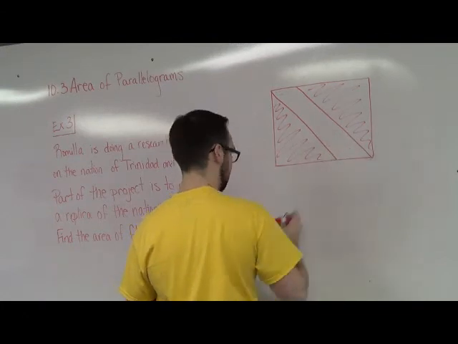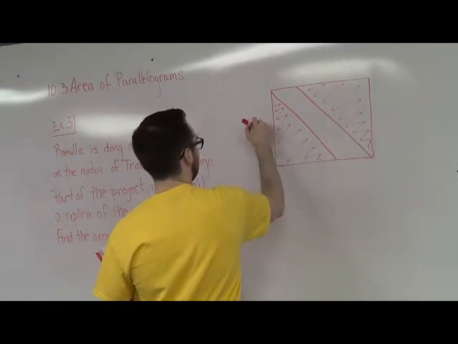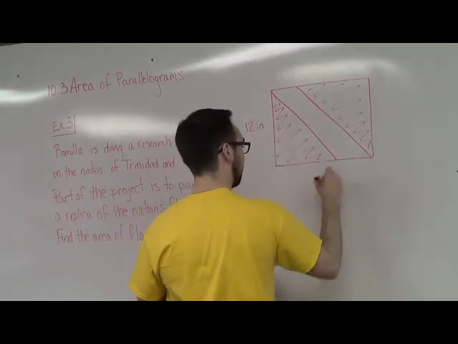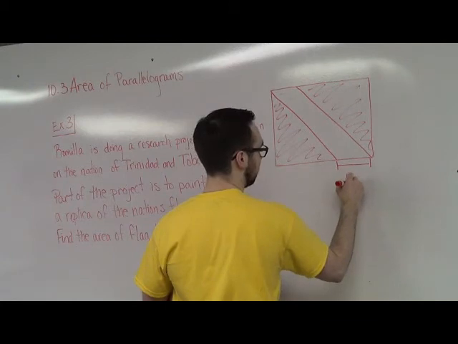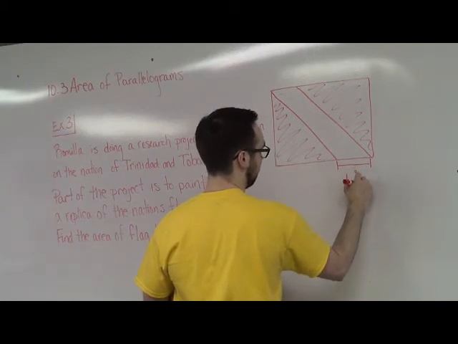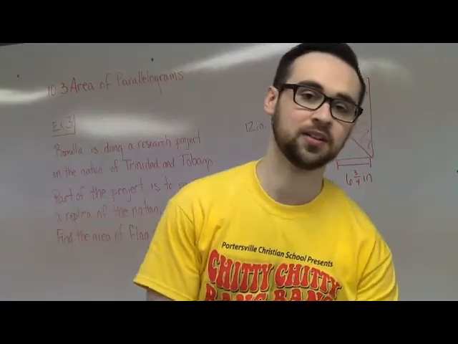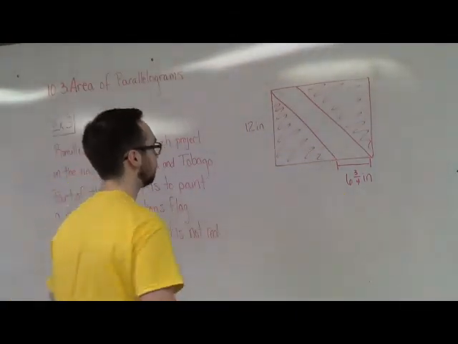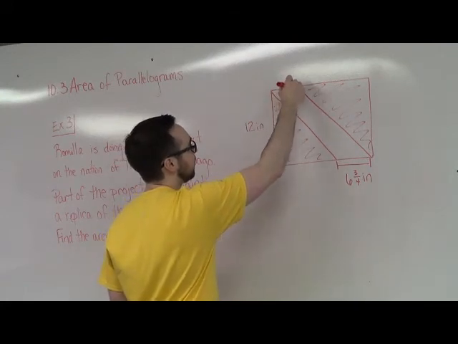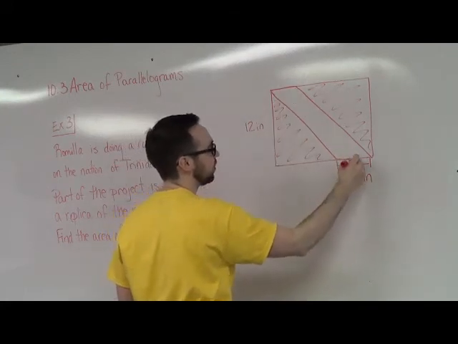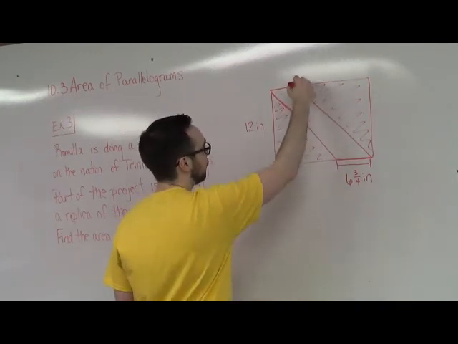They tell us that it's 12 inches, and this piece here is 6 3/4 inches. So we have to find the area of the piece of the flag that's black. So we're looking for this area in here. Well, notice this is going to be the same as this, and these two are parallel. So we do have ourselves a parallelogram.